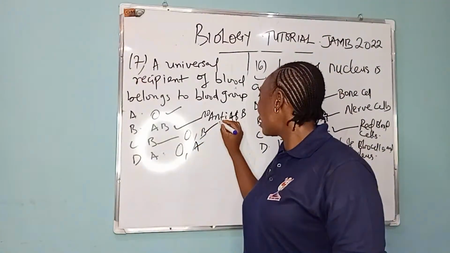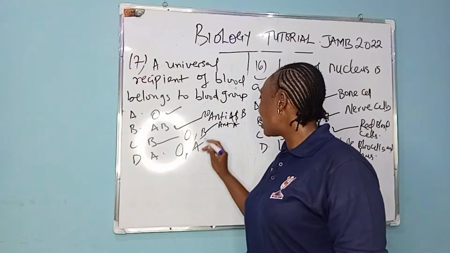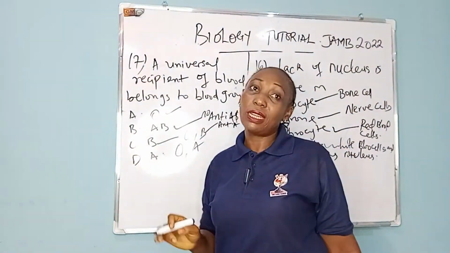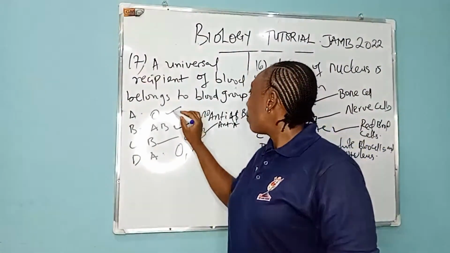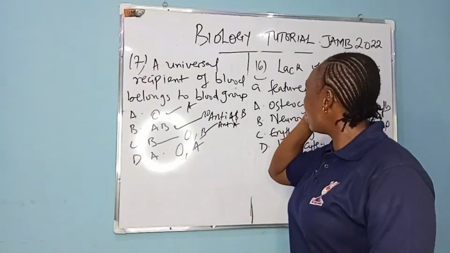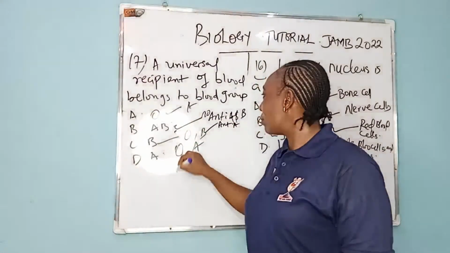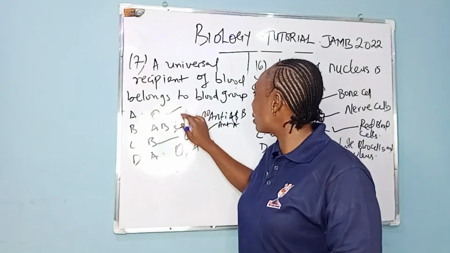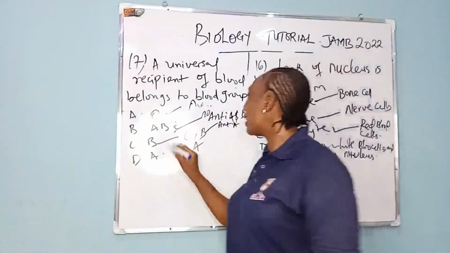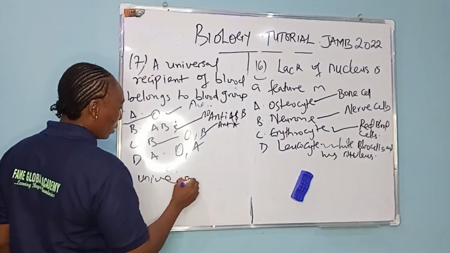Reason because this one has antibodies A. So if it receives blood from group A, there will be blood clot and the person can die. While this one has both of them, that's why it's able to give to any of them, but cannot receive from them. It has no antibodies, so it's able to donate, and that's why blood group O is called universal donor.